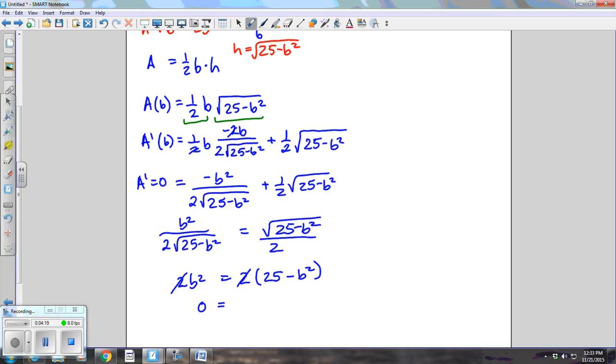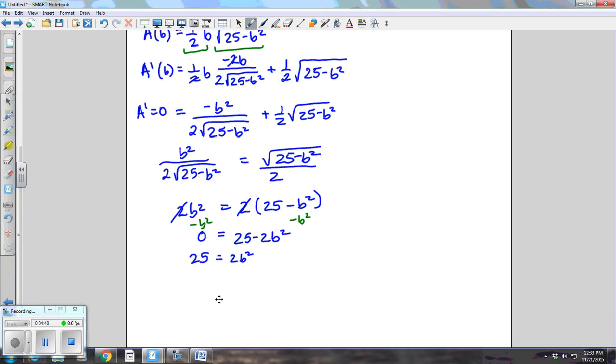And I have 25 minus b squared, and subtract b squared on both sides. So I've got 25 minus 2b squared, 2b squared equals 25, and solve for b squared by dividing by 2 and taking the square root of both sides.